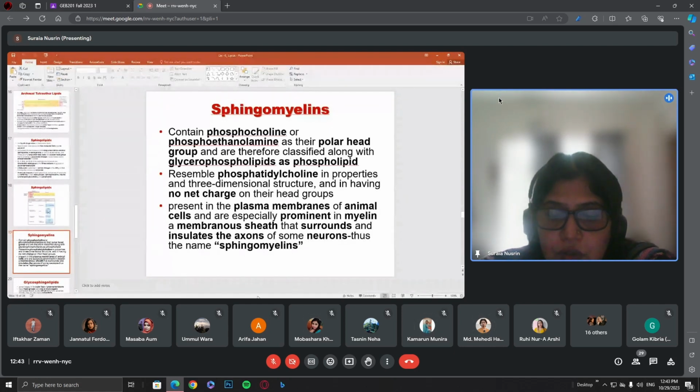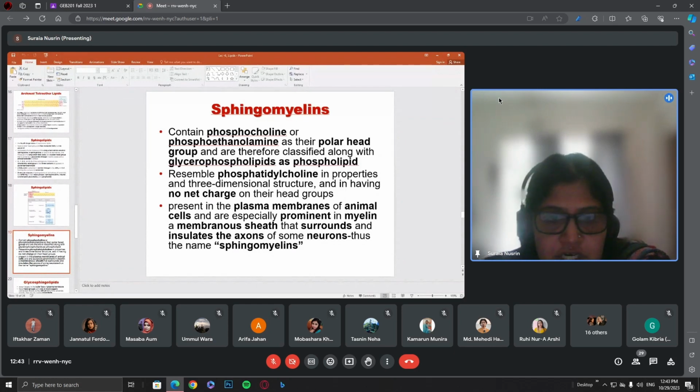Okay, so in the case of sphingomyelin, we can say sphingomyelins belong to sphingolipids, but because they have the same polar head group and the same type of bond, we can also place them under the glycerophospholipids, or in general just phospholipids. And what is the nature of the polar head group?